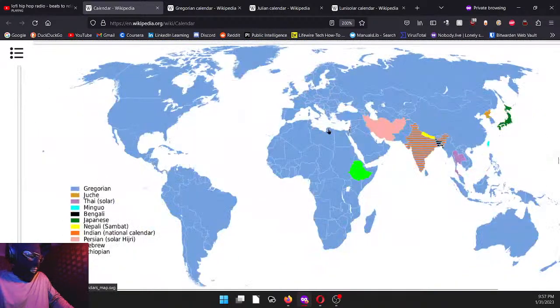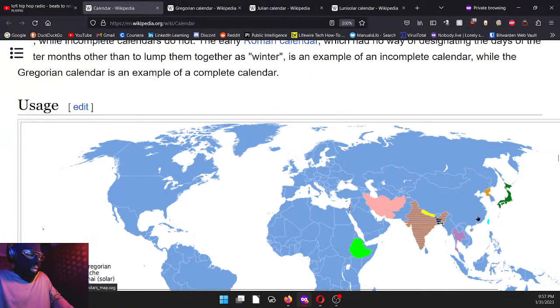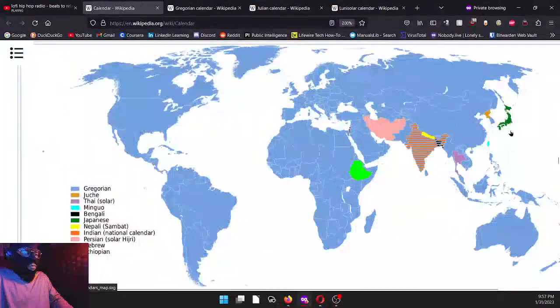So usage. As you can see, all this blue, purple, violet is all Gregorian. For dark green, Japanese, I think it's just referring to calendars. You have the Hebrew here, so the Hebrew calendar is pretty much in these parts. Indian national calendar, Persian solar Hijri.